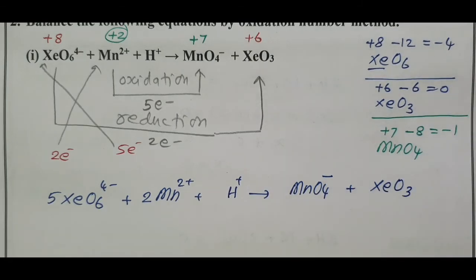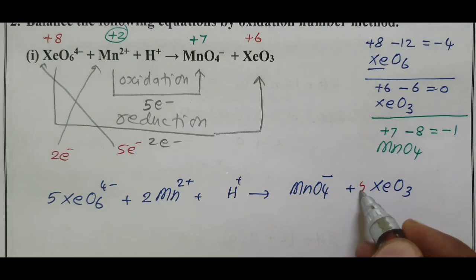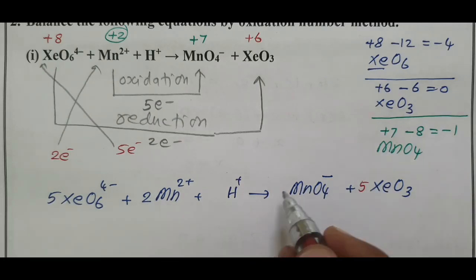Now ordinary balancing only. Here 5 xenon, 2 manganese, 2 manganese.